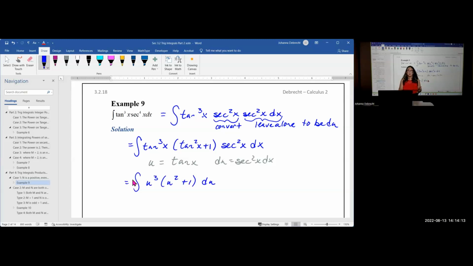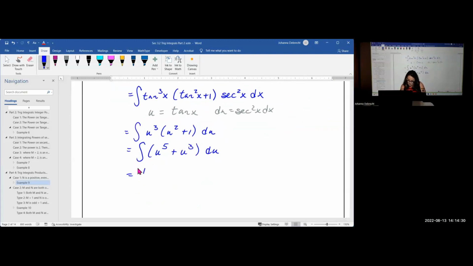Well, that just becomes a polynomial integrand, so we can use the distributive property to multiply that out. Remember, when the bases are the same, you add the powers, don't give me 6. So u to the 5th plus u to the 3rd with du, and this is going to integrate very simply: 1/6 u to the 6th plus 1/4 u to the 4th plus a constant of integration, which is 1/6 tangent to the 6th of x plus 1/4 tangent to the 4th of x plus a constant.